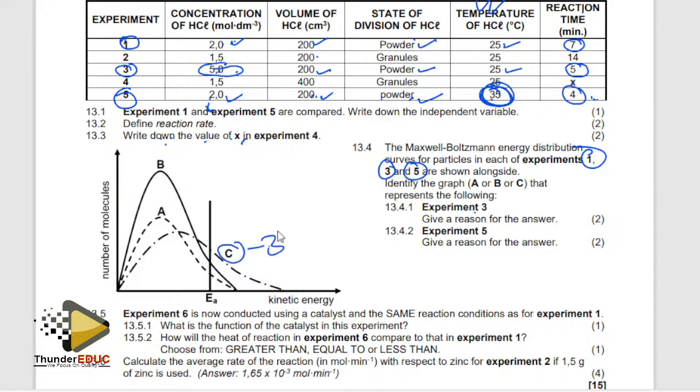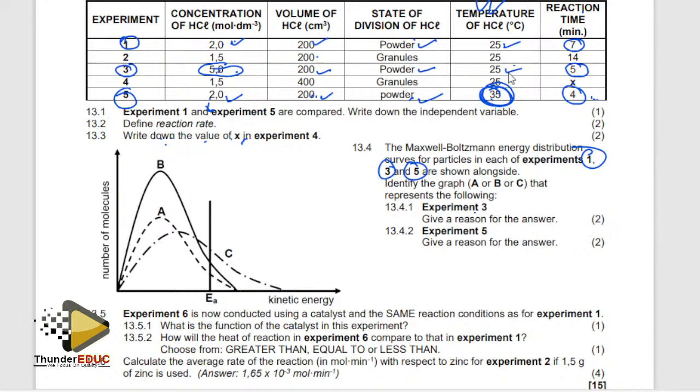And then, give a reason for your answer. What can you say about experiment 3? No, because this one, temperature. No. If you look at the temperature, the number of particles having the sufficient energy.